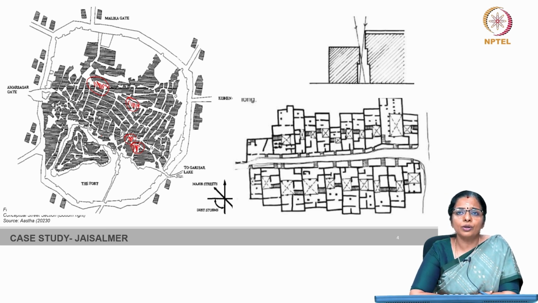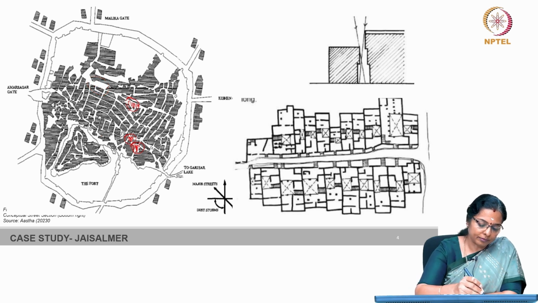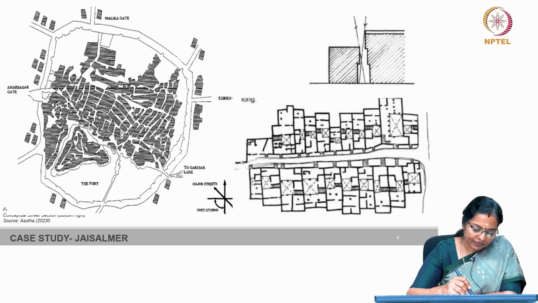Houses open onto narrow streets, forming a hierarchy of spaces that act as interfaces between the street and the houses. Now, if you see here, you can see that there are narrow streets here.